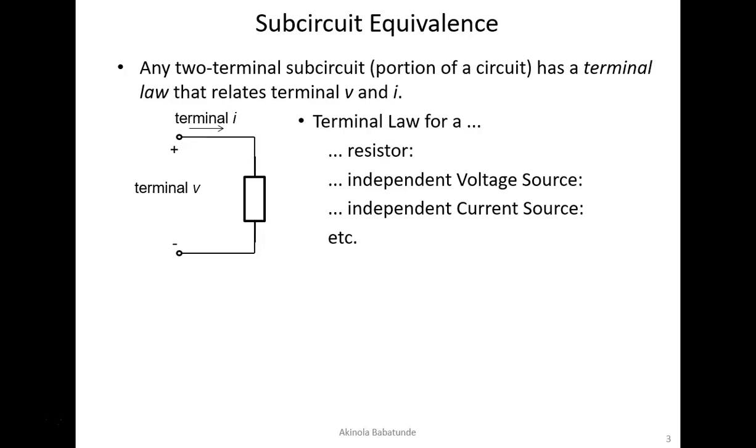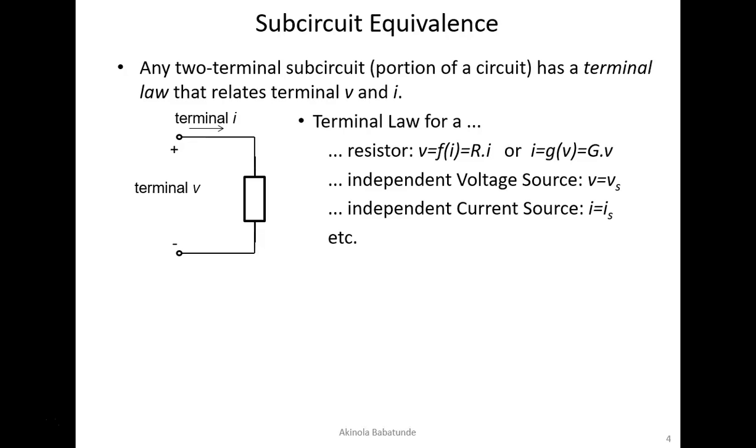There is a terminal law for a resistor, an independent voltage source, and an independent current source, and for as many circuit elements as possible. For the resistor, the voltage is always a function of I, and we know that V is equal to Ri, which is resistance multiplied by the current.